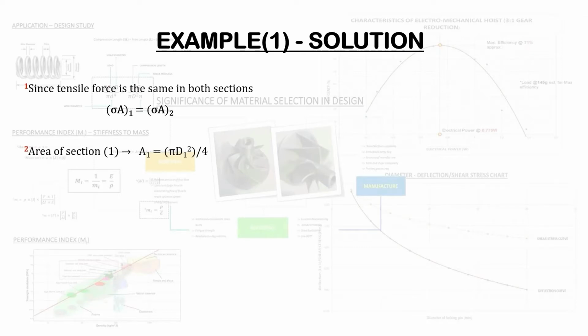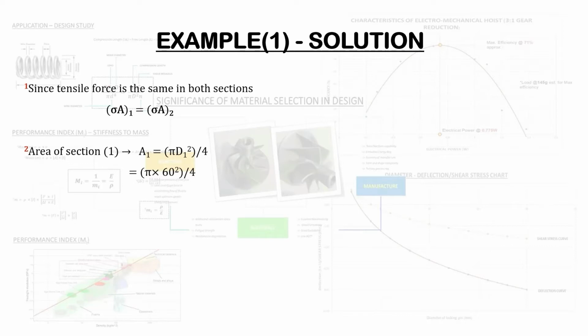So, knowing that, we can use the information provided to calculate the cross-sectional area of section 1. Since we have a circular section, the area will be equal to pi d1 squared divided by 4. We're assuming that the largest section of the step bar is characterized by d1.